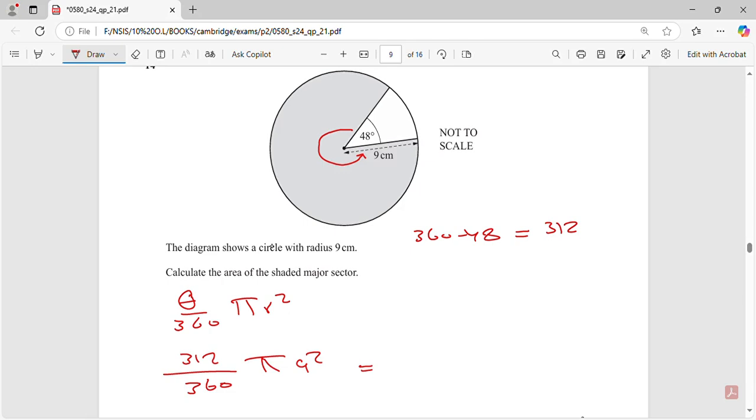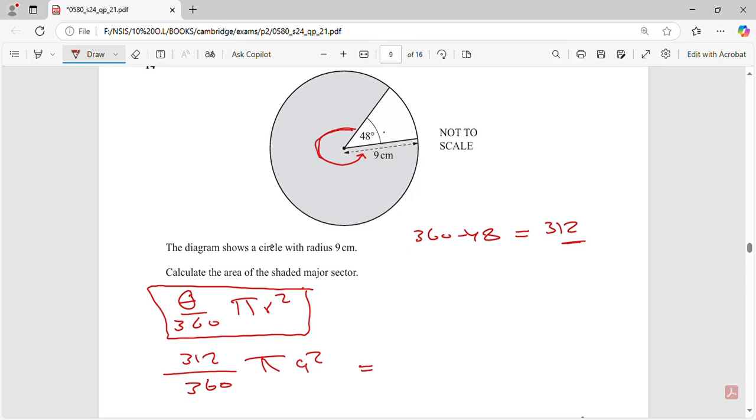Again, I'm looking to figure out the area of the shaded sector. So the rule for the area of a sector is theta divided by 360 multiplied by the area of the whole circle, right? Theta here for the shaded part would be the reverse angle of 48, because this is for the unshaded. So which completes 360, it will be 360 minus 48 equals 312.